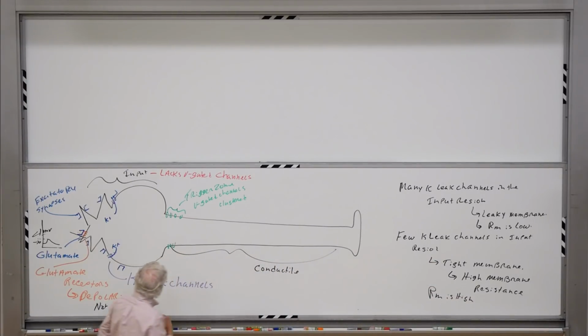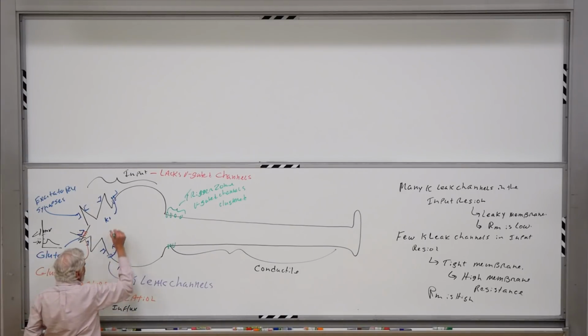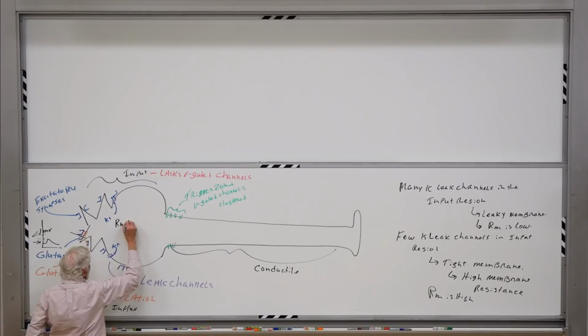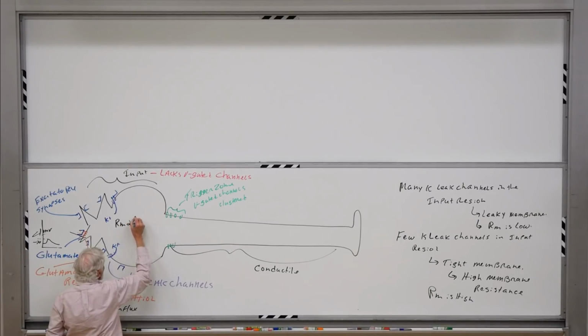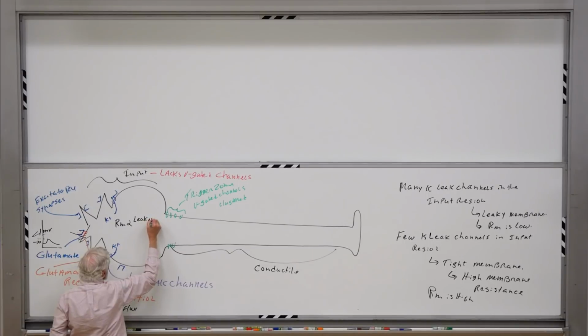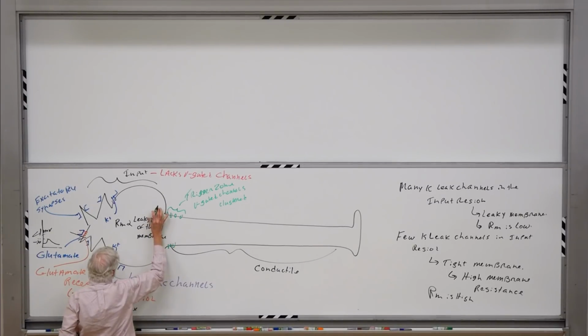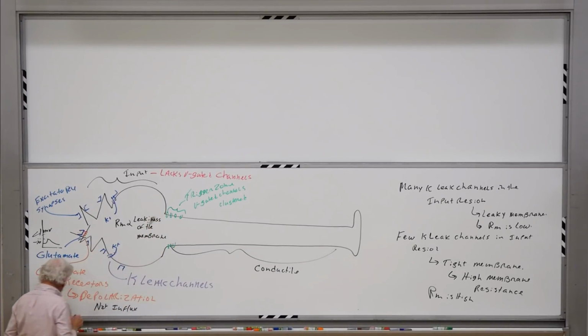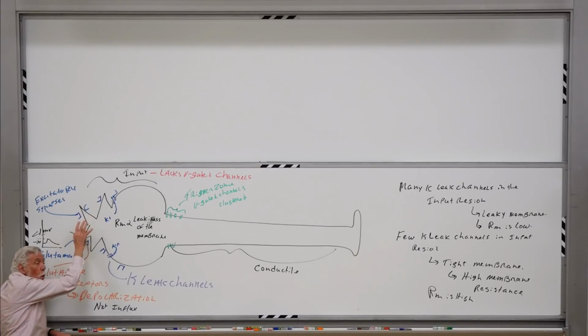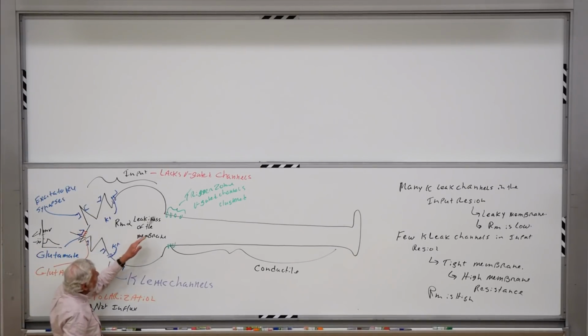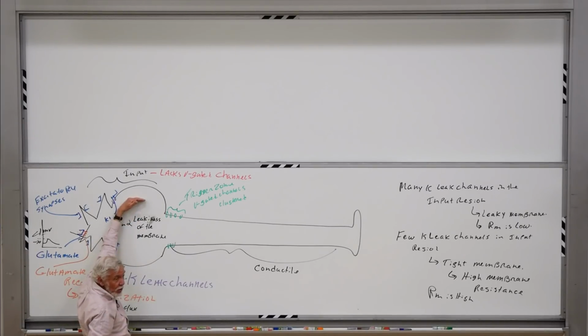So if you hold on to the idea that R sub m is more or less inversely proportional to the leakiness of the membrane: the leakier the membrane, the lower the membrane resistance. The less leaky the membrane, the higher the membrane resistance.